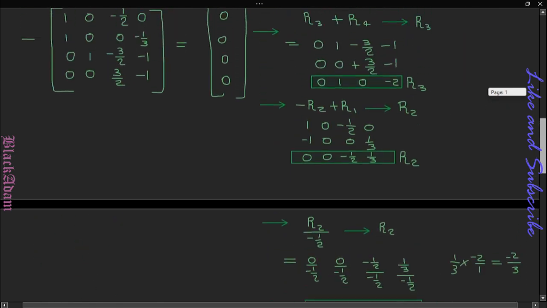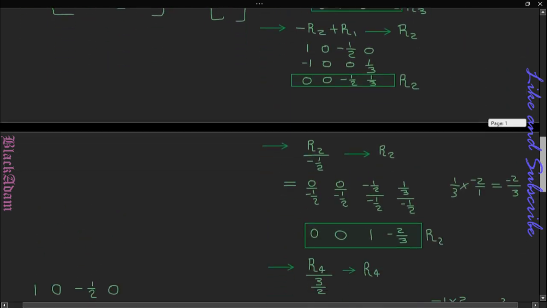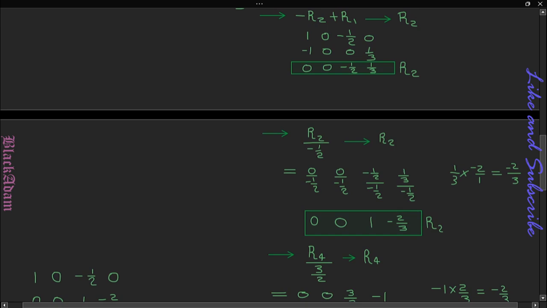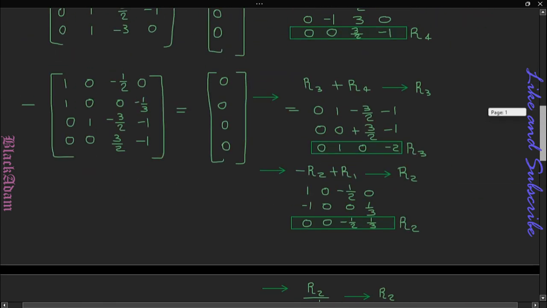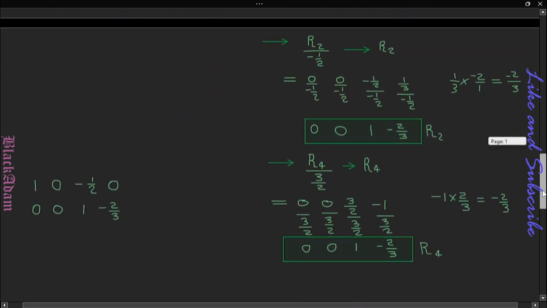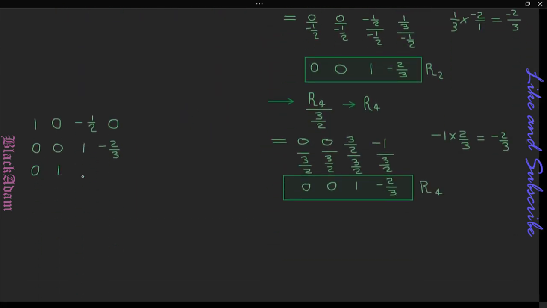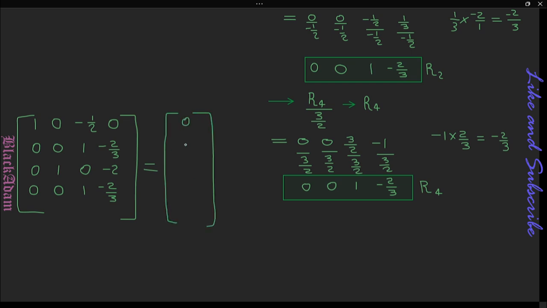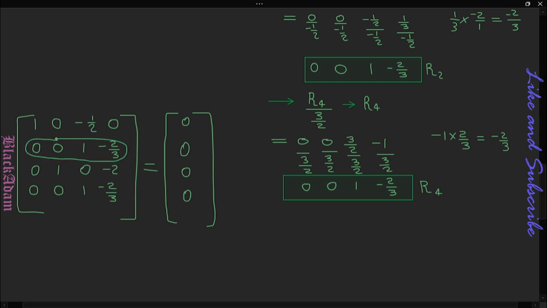Just to double check, that's our row 3: 0, 1, 0, negative 2, and then row 4, which is 0, 0, 1, and negative 2/3. All that equals the 0 column, so all those rows will equal 0 each.